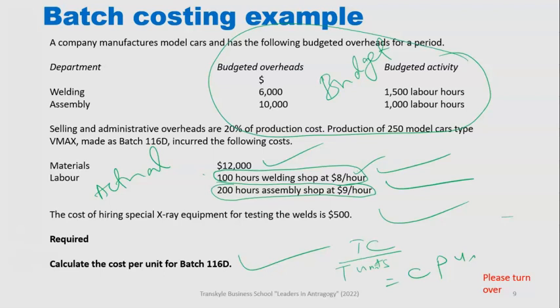It was related to the production, but it cannot be classified as direct material or direct labor. It was the testing of our welding rods to see if the welding job was done up to scratch. We hired some extra equipment there, so it becomes a direct expense.